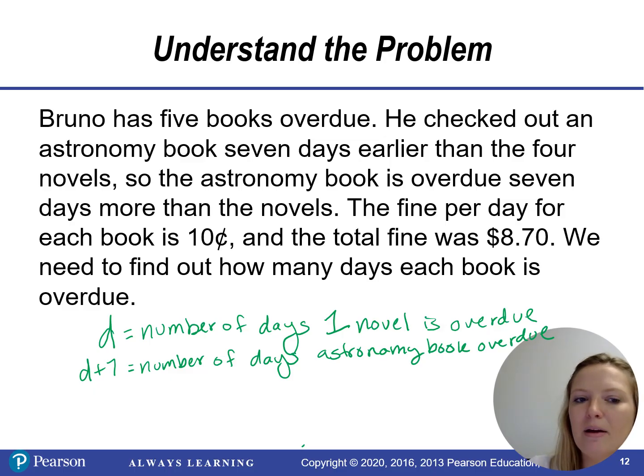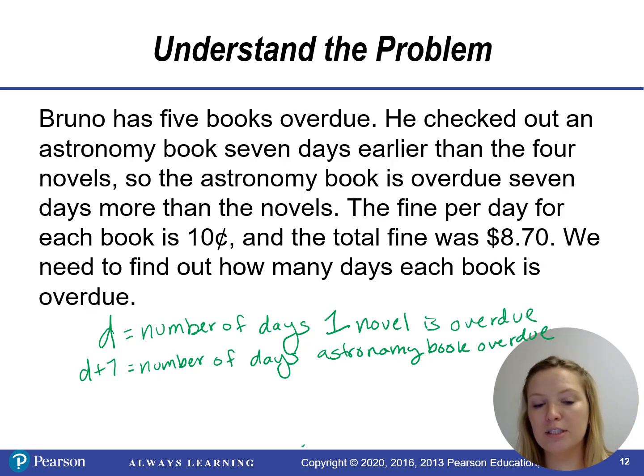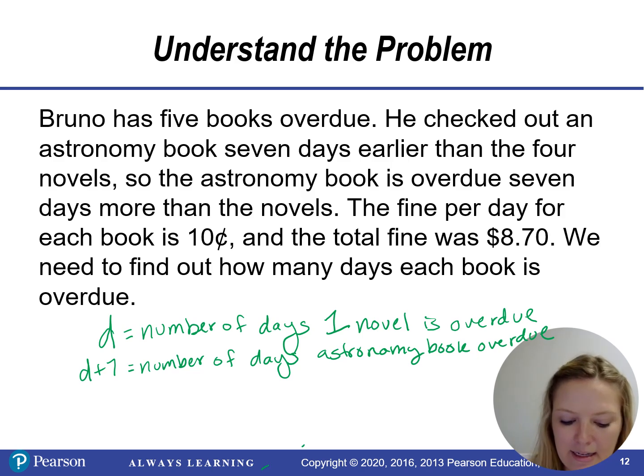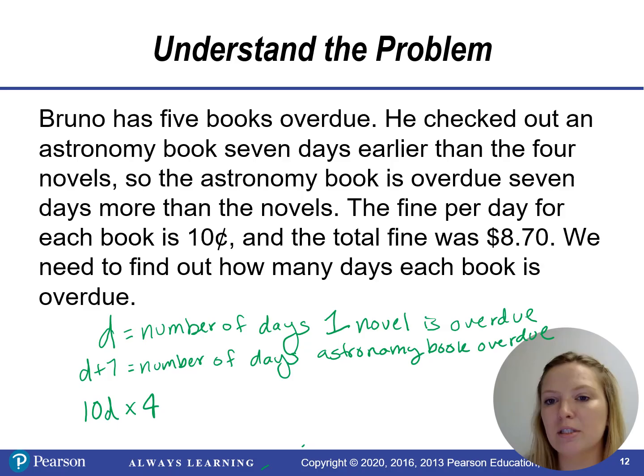So to think about how much he's going to owe for fines on these books, for the 4 books that are novels, he is going to pay 10 cents per day, so times d, times 4 for the 4 books that are overdue for the novels.